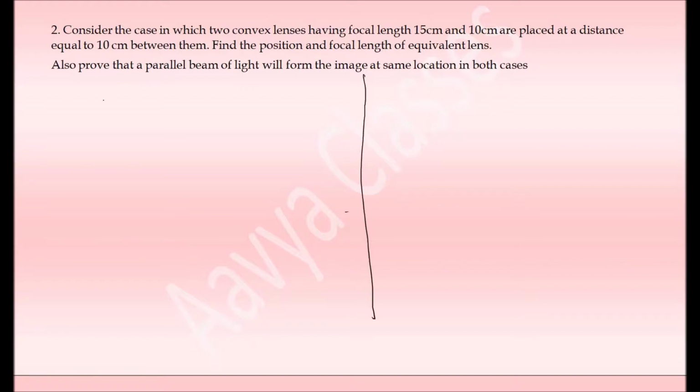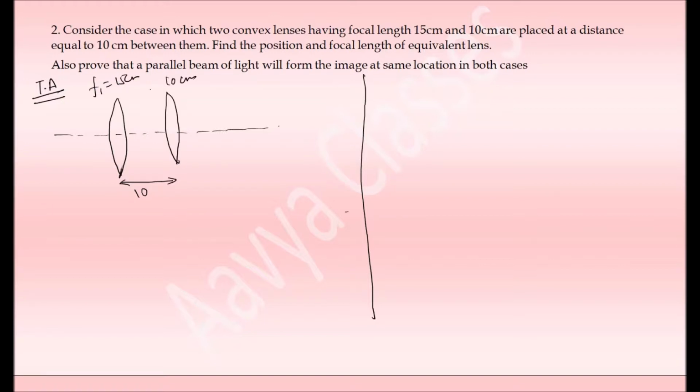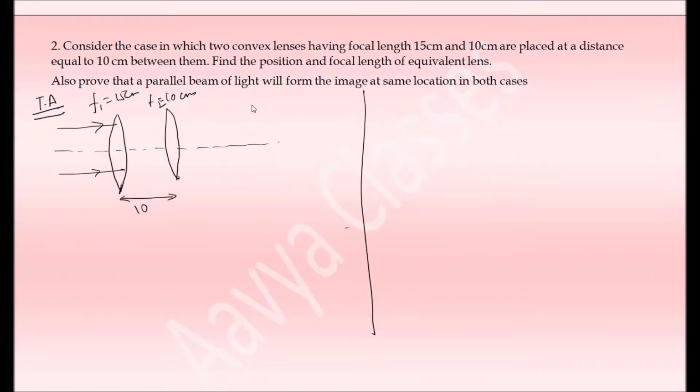So suppose we solve this problem by our traditional approach, where the image formed by the first lens will serve as the object for the second lens, and the two are placed at a distance of 10 centimeter between them. The focal length of the first lens is 15 centimeter. The focal length of the second lens is 10 centimeter.